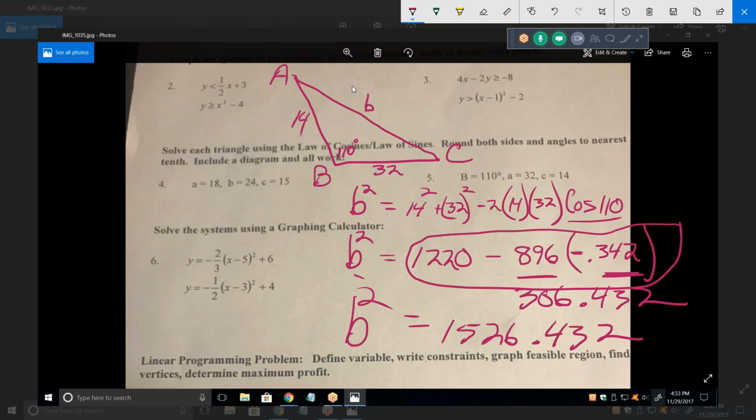Now, what's b? You can take that answer and hit your square root key, so you don't have to retype the number. 39.069.